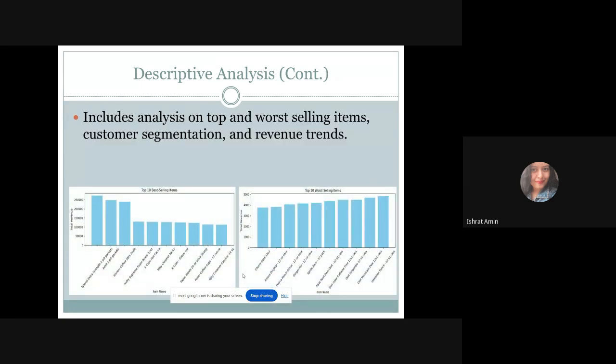Here is a graphical representation of top and worst selling items. These insights provide a basic idea about our inventory management, which products we should keep on a regular basis, and which the business can consider omitting from the inventory.